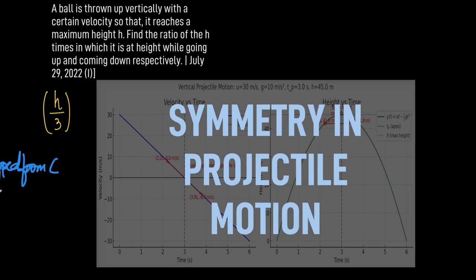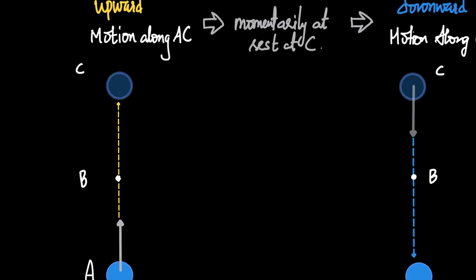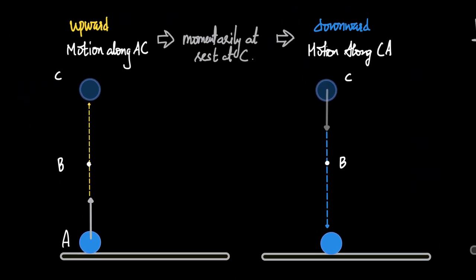It is really important to understand the symmetry that we come across here. So upward motion from A to B, then C. At C, the object is momentarily at rest, which means velocity at C is equal to 0.